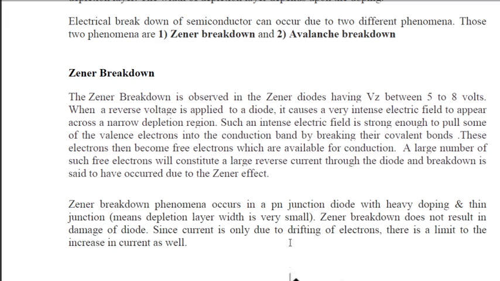Because of this very high force, the bond is broken and the valence electron becomes a free electron. Because of this release of electrons from the bond, the conduction increases and the current increases. Such a breakdown is called Zener breakdown. A large number of such free electrons will cause a large current when reverse bias is applied.